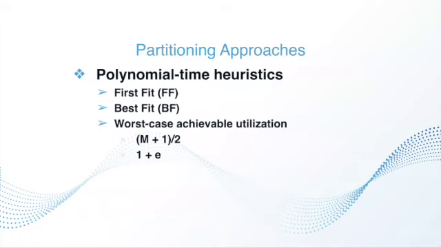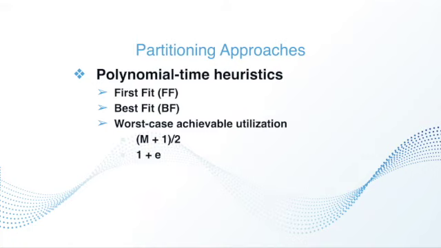Under partitioning, each task is assigned to a processor on which it will exclusively execute. Finding an optimal assignment of tasks to processors is equivalent to a bin packing problem, which is known to be NP-hard in the strong sense. Several polynomial time heuristics have been proposed for solving this problem.